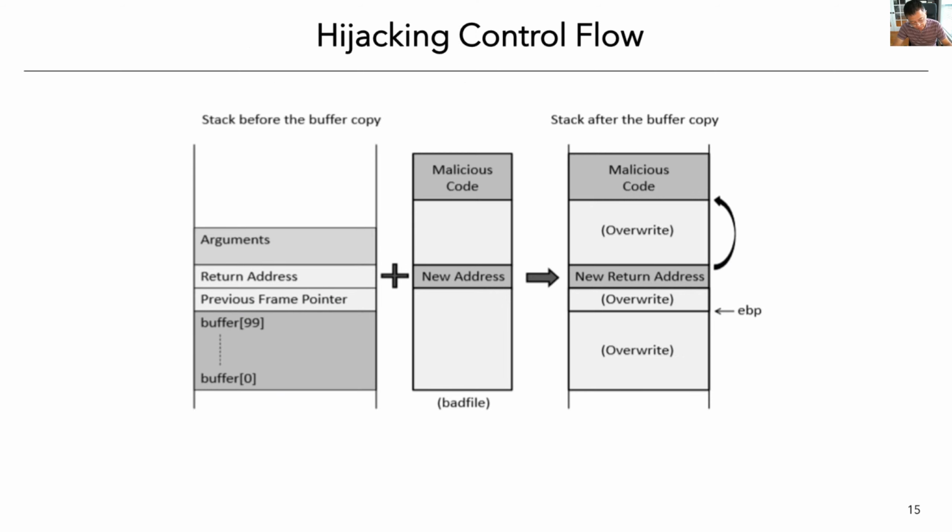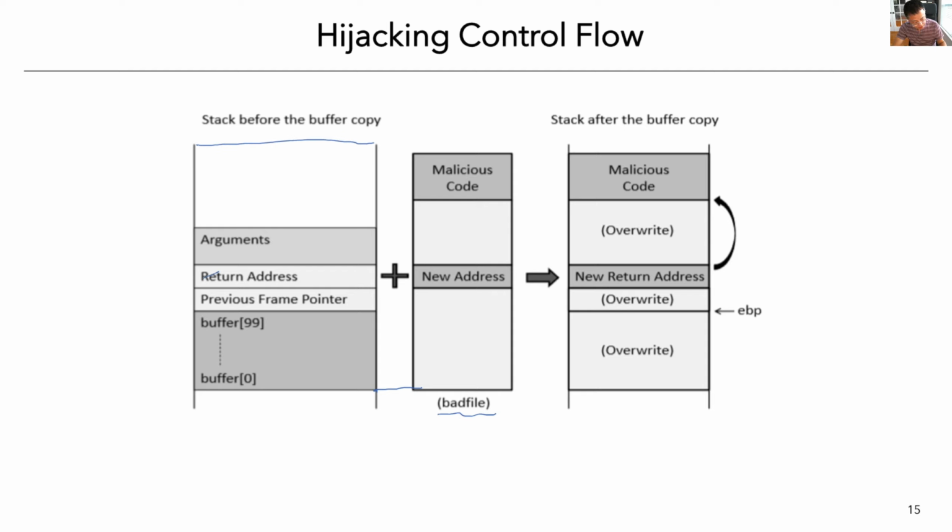So this is what happens during the control flow hijacking, right? We have the buffer, the return address, the arguments. The string copy will eventually copy the content of a bad file from this place to this place.